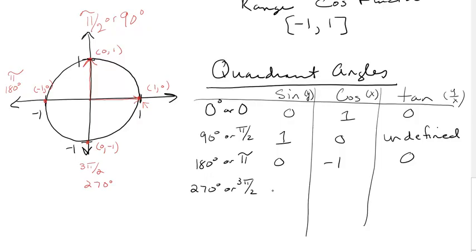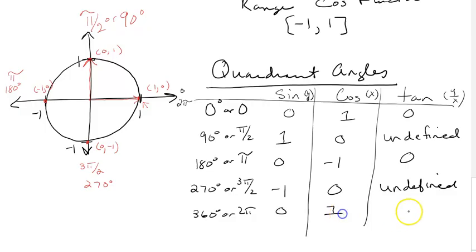And once again, just looking at the coordinates, 0, -1. Sine is now -1. Cosine is 0. And tangent will once again be undefined. And this would take us back to, we know this is 0, but this is also 2 pi. So we'll stick that one in there, which is either 360 degrees or 2 pi. And that is going to have the same exact answers as the 0 degree.